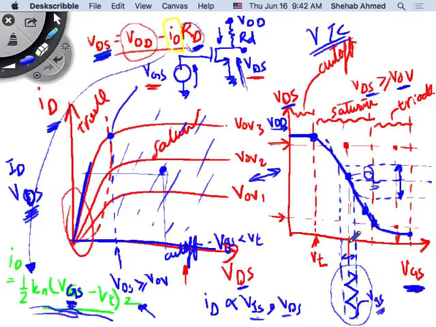VGS is a small signal on top of your DC. This is your DC point, right? This is my VGS here, capital G, capital S, and then I'm adding a small g, small s in series with it, right?